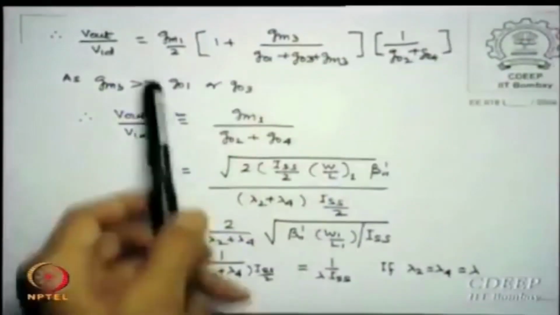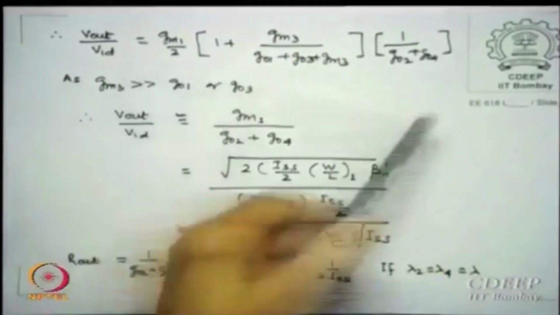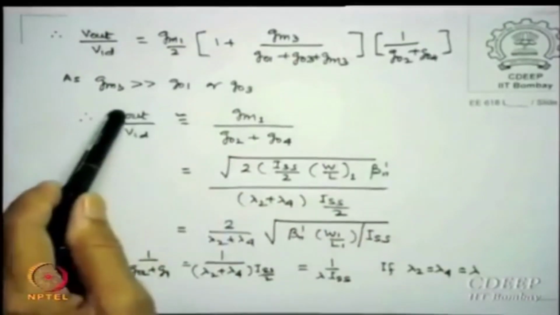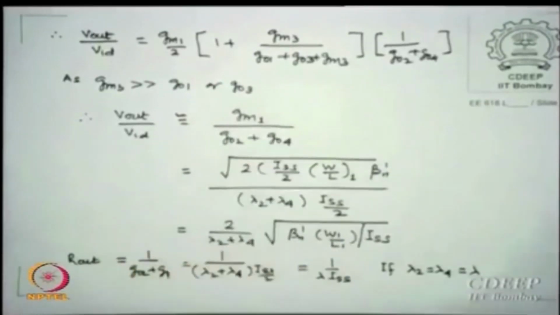Is that okay? So I divide this Vout by VID, and then I get these expressions, and then I start putting GM3 is much larger than GO1 or GO3, and therefore I neglect those terms. So I get Vout by VID, which is GM1 upon GO2 plus GO4.